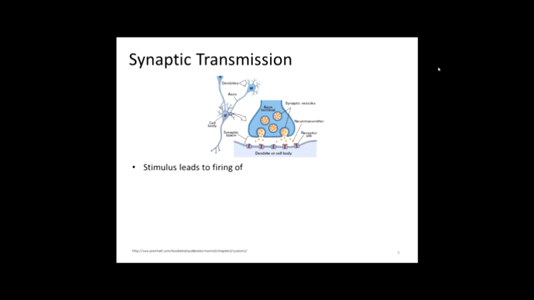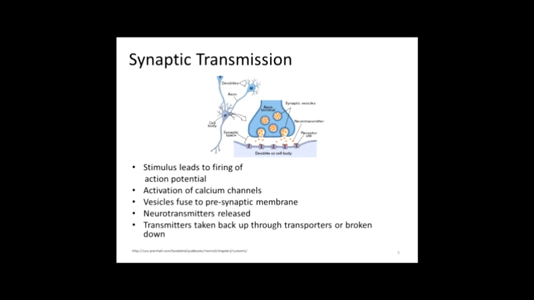So what happens is a stimulus leads to firing of an action potential which travels from the cell body down the axon. This action potential activates calcium channels which allow the proteins to release vesicles which contain the neurotransmitters. These vesicles fuse to the presynaptic membrane and push the neurotransmitters out into the synaptic space.